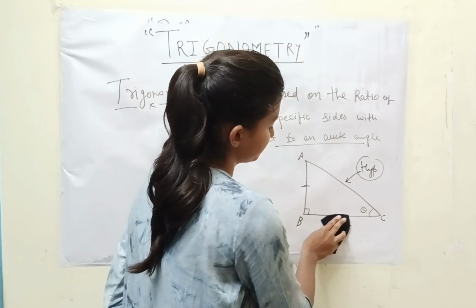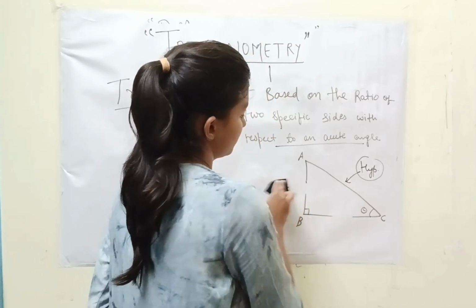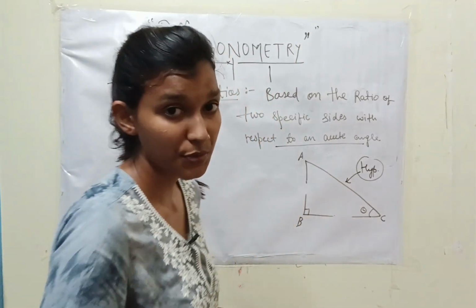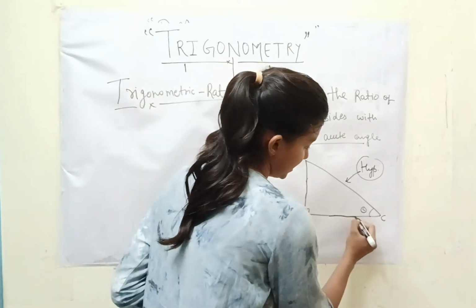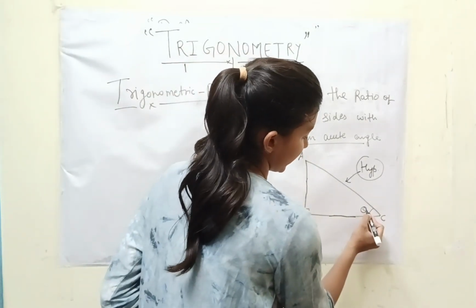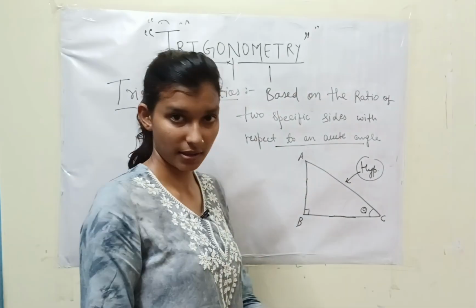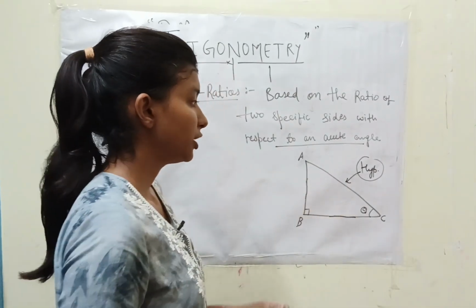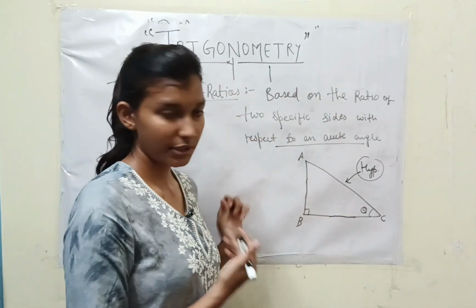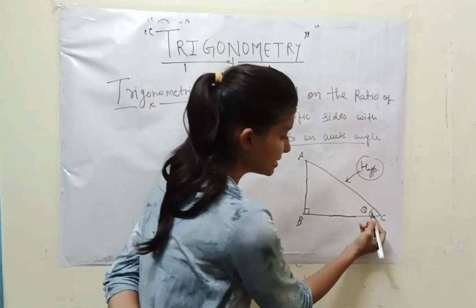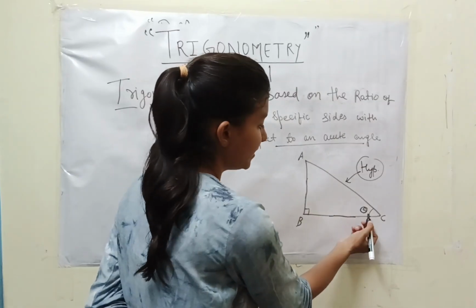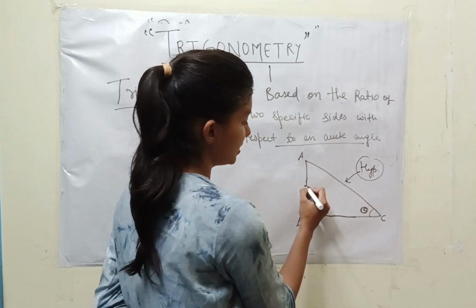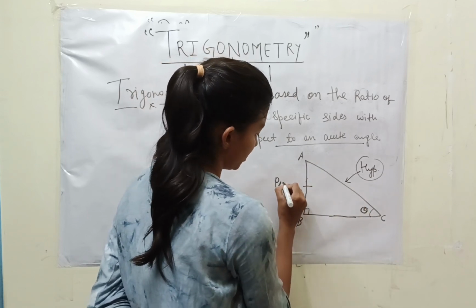Here the description of the perpendicular and the base is decided with respect to the angle which you are considering. Corresponding to that, you are studying the trigonometry. If we are considering this acute angle, which is theta, then the side opposite to this angle is called perpendicular.